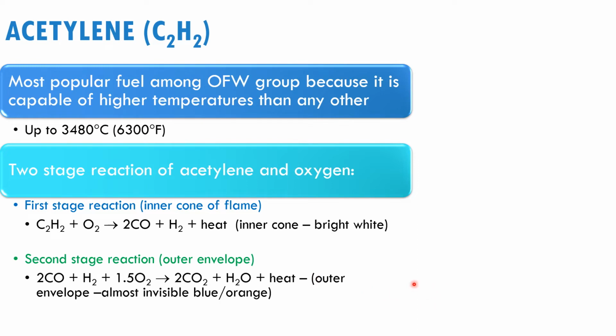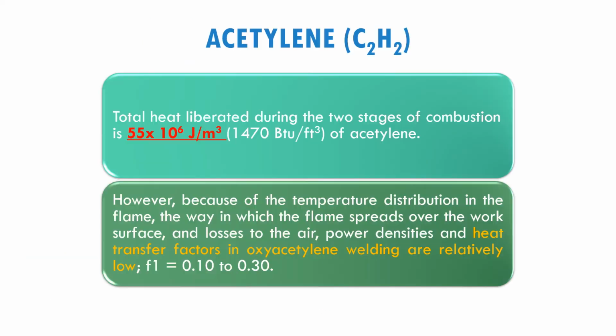This is the outer envelope, which is almost invisible, blue and orange in color. The total heat that can be generated by the acetylene in these two stages of combustion will be around 55 times 10 to the power 6 joules per meter cubed.